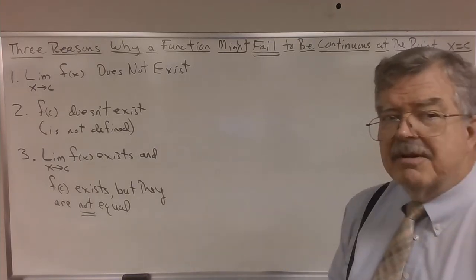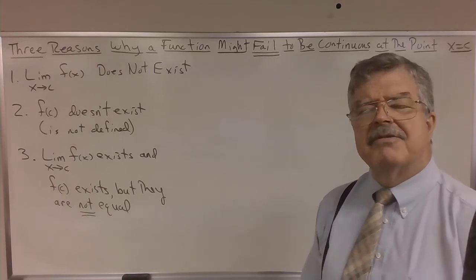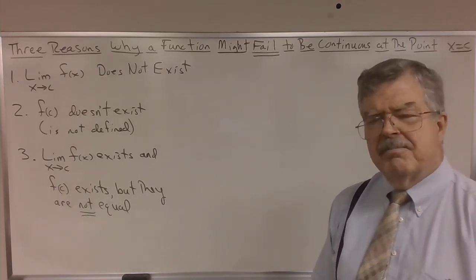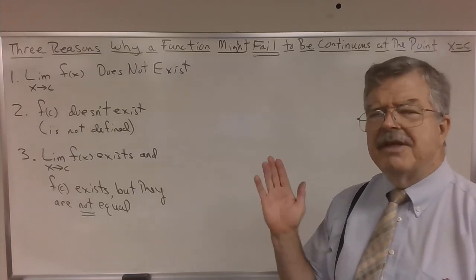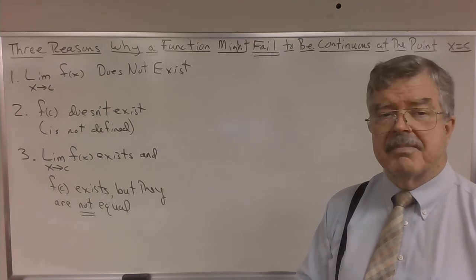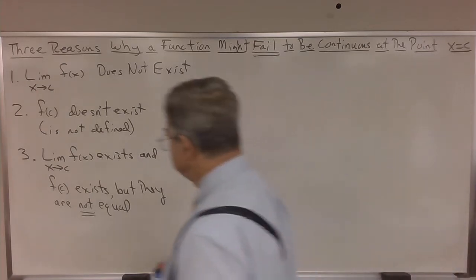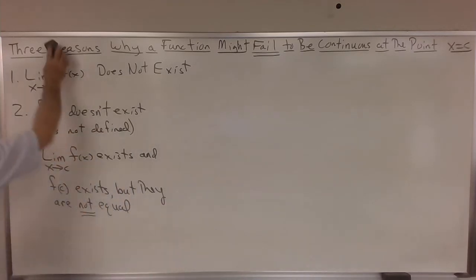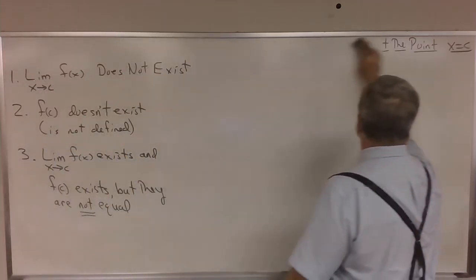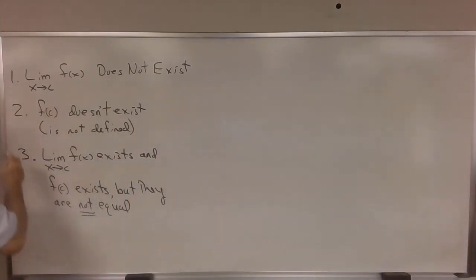Now that still, in my mind, doesn't tell us how the criterion for continuity at a point has anything to do with breaks and interruptions in a graph. So let's look at this graphically. But we'll make an example out of this.